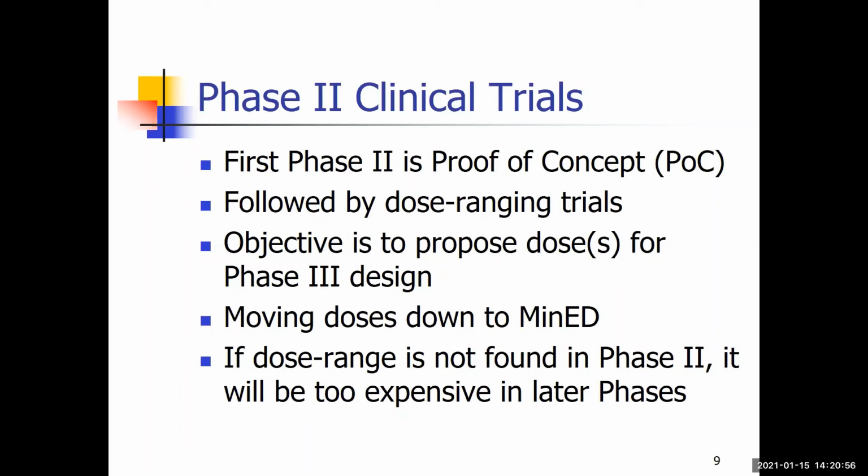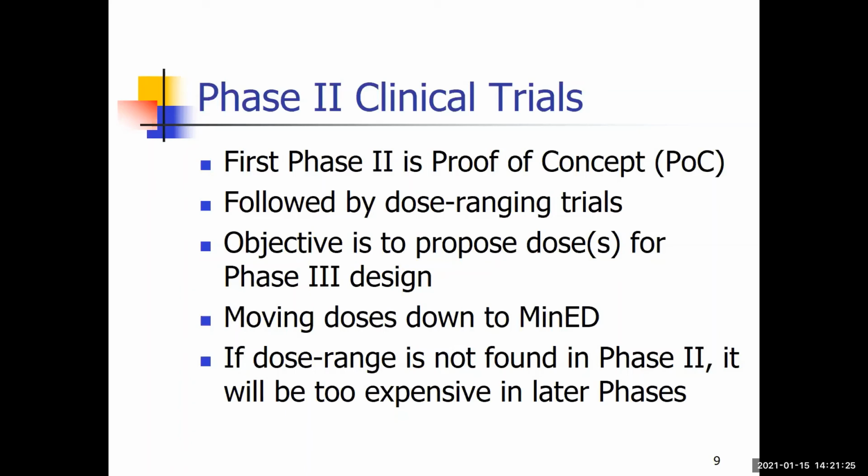So that's why it is absolutely critical for phase 1 to deliver a good estimate of MTD. Now, in my experience, there are many times MTD is either overestimated or underestimated. Now, if phase 1 MTD is overestimated, what would be the problem?